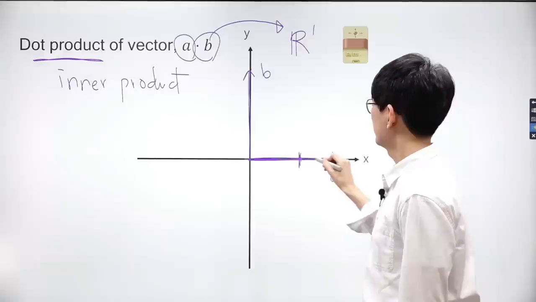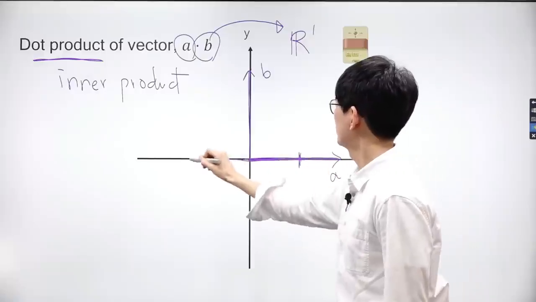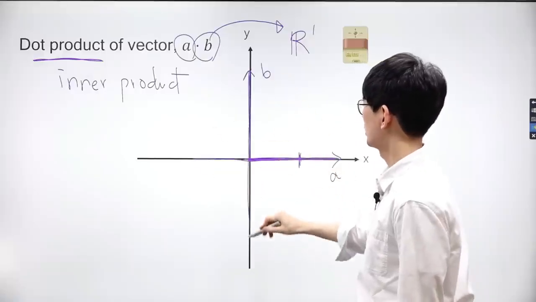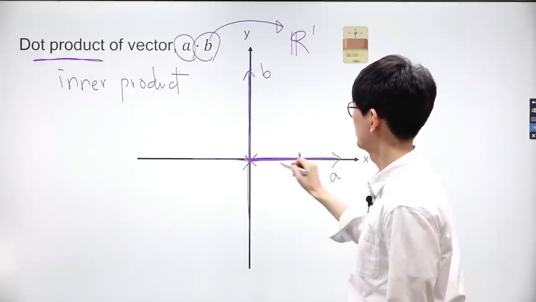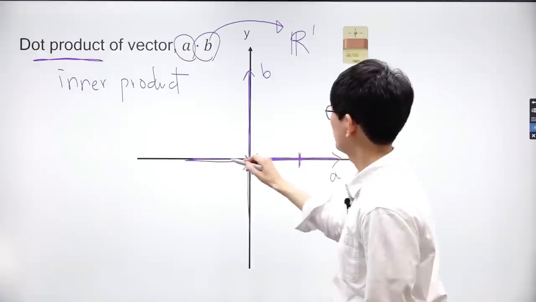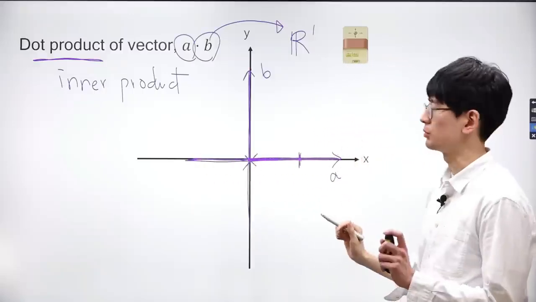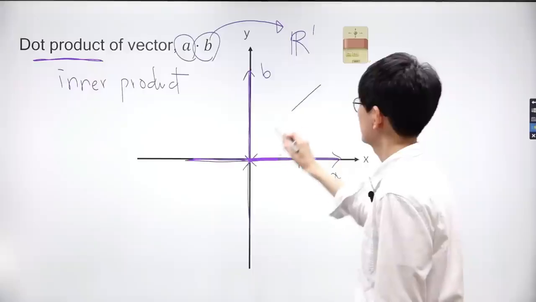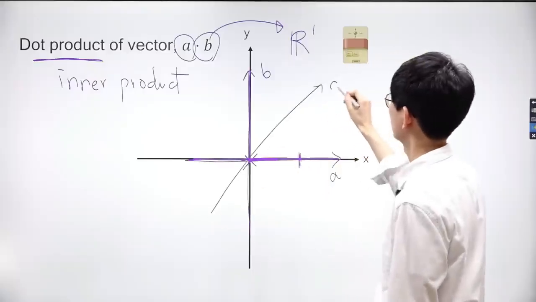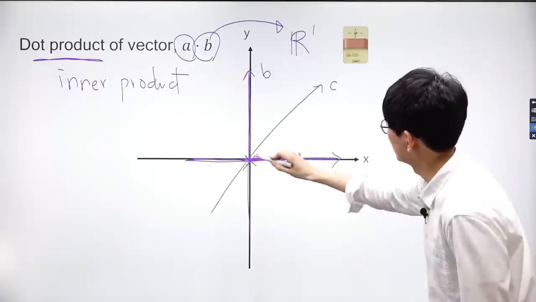Imagine two people, one on each of the vectors A and B, moving along their respective vectors. The person on vector A can only see the person on vector B when they cross at the origin where the vectors intersect. Now let's introduce a new vector C onto the plane.